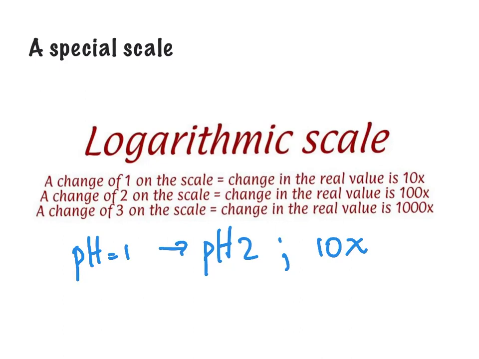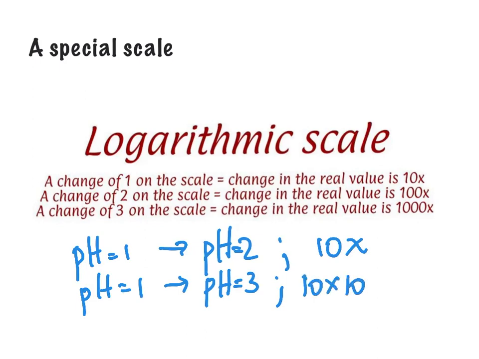So if we do it for pH 1 to pH 3, then we have got a 1 and a 1 again. Now if every time we change by 1 it goes up by 10, then it's not 10 plus 10, it'll be 10 times 10, so the change is actually 100 times.